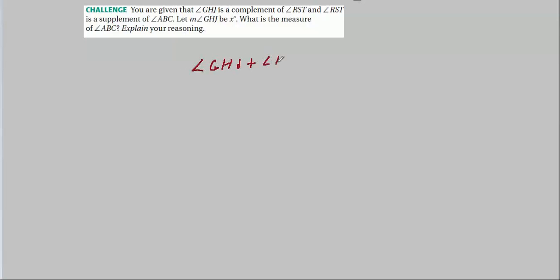Plus RST equals 90 degrees. RST is a supplement of ABC. So we have angle RST plus angle ABC equals 180.